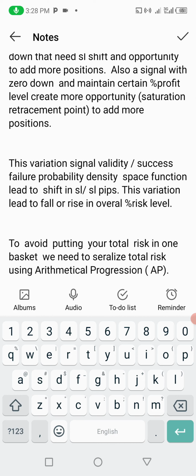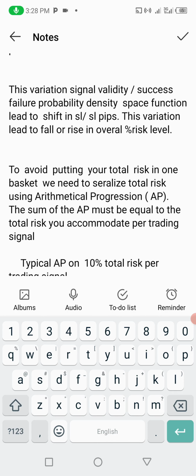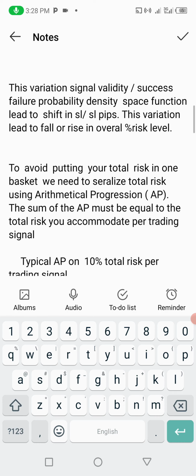Like if you place a trade and it's giving you profit, a time will come when there will be a saturation retracement, a retracement that saturates at a certain point, so that you can add more positions in the current direction, in the main direction of the market.